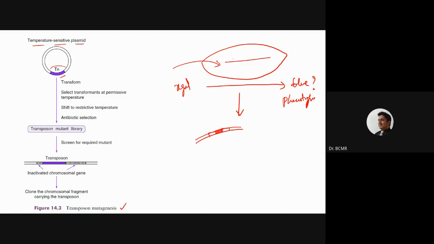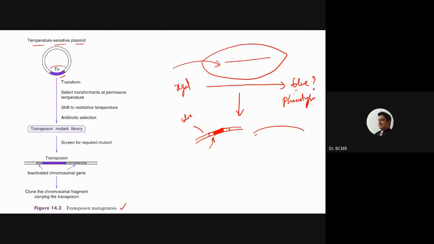I hope you remember the phrase insertional inactivation, right? If the transposon got inserted into a gene and the cell did not lose the ability to give rise to blue color, then wherever it might have integrated, that gene is not responsible for generation of the blue color.